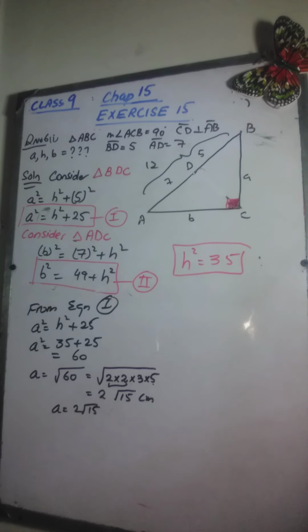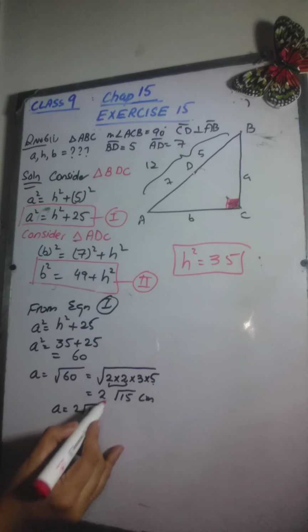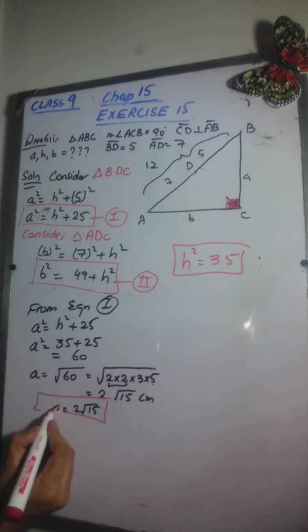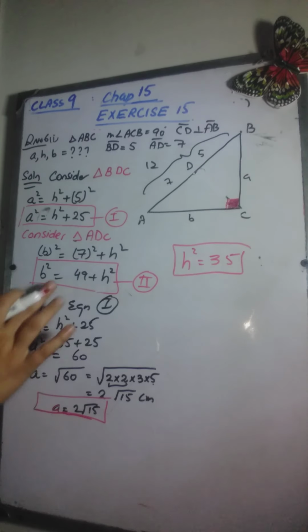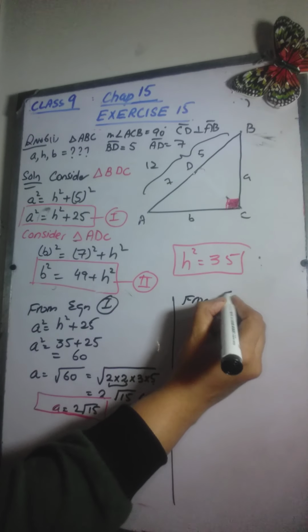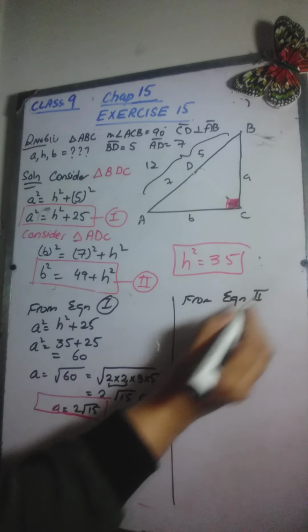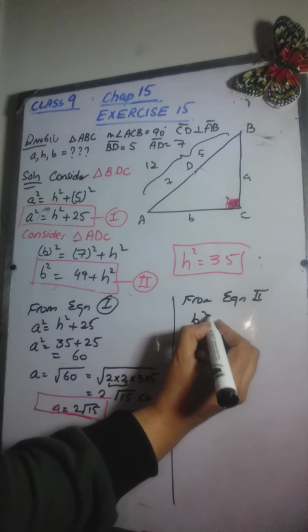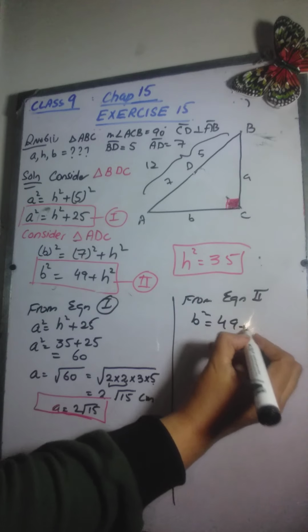Okay, and in the same way, by using equation 2, we are going to find the value of b. From equation 2, b square is equal to 49 plus h square.